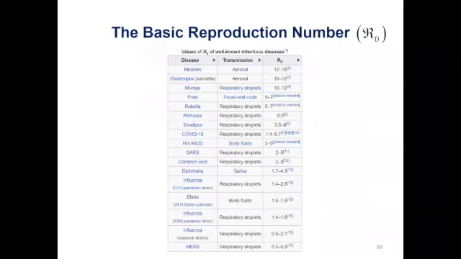Here is a screen with the R0 for various diseases. Measles is perhaps the most easily transmittable disease. It's not necessarily virulent, as in the case fatality rate is not as high as you would imagine for, say, Ebola or other diseases, but measles spreads much faster than any other disease. COVID is about 1.4 to 5.7 persons on average per infectious individual.